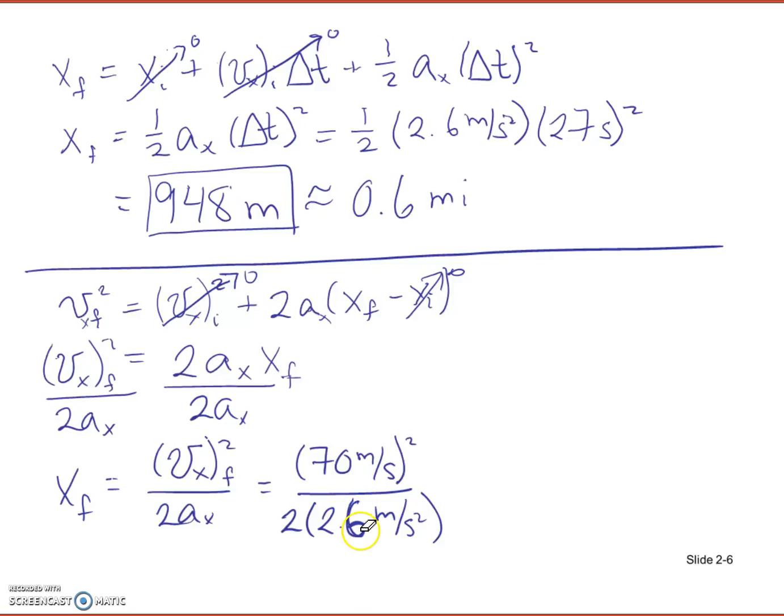That's really ugly. Use the tools you're given. 2.6 meters per second squared. When I plugged these into my calculator, I got 980, but I might have plugged in 2.5 instead of 2.6, and I'm not going to check it right now, but you can double check that. In any case, it's pretty close to what I got above.